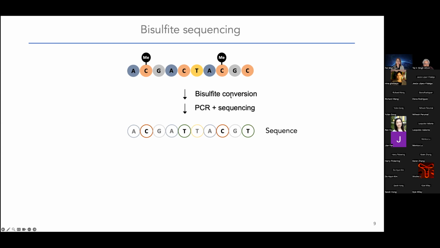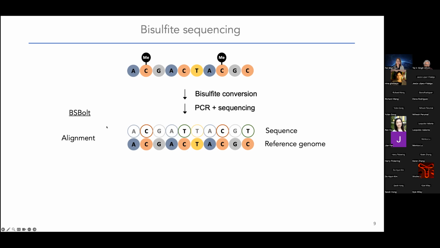This process is called bisulfite conversion. The methylated cytosines remain as C in the readout. But the unmethylated cytosines, after bisulfite conversion, will be converted into thymine, into T. By comparing this readout to the reference human genome, we would know for specific locations whether it is methylated or not.